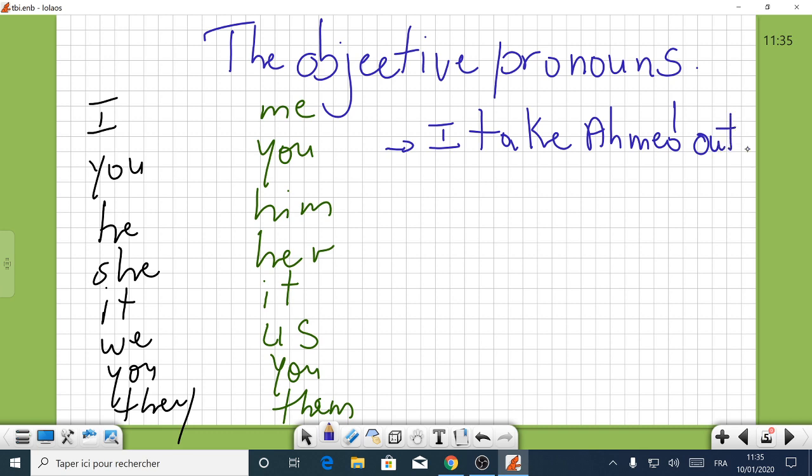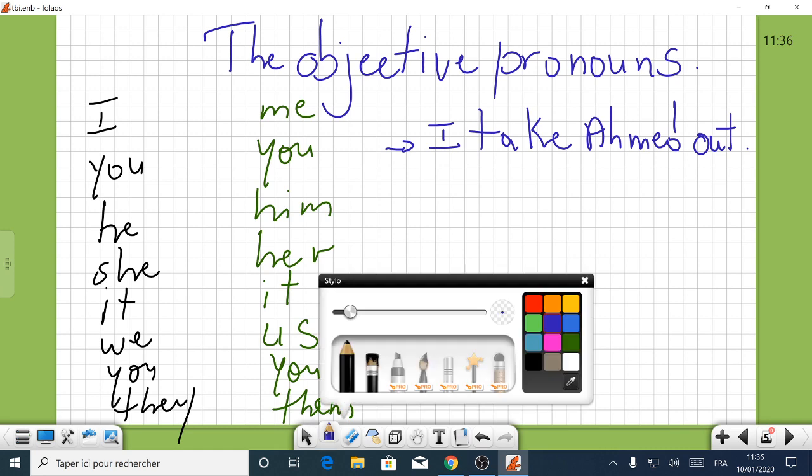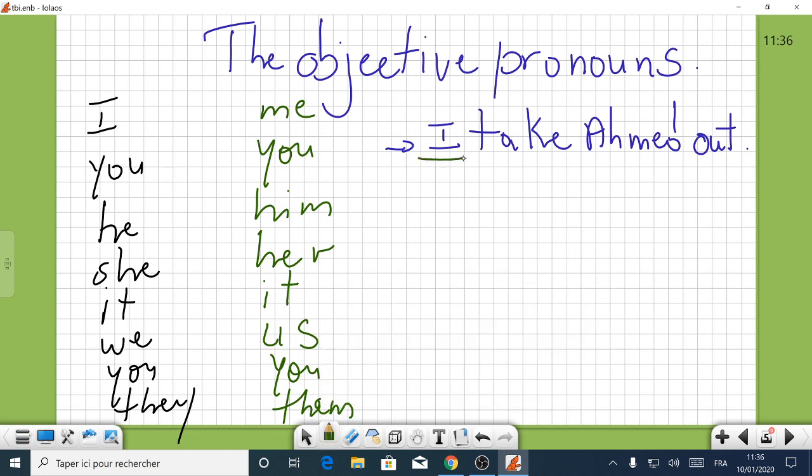So let's analyze it now. I is a subject, take is a verb, and Ahmed is an object. And here we have subject pronouns, and here we have object pronouns, as I told you. So we are now studying the object pronouns.